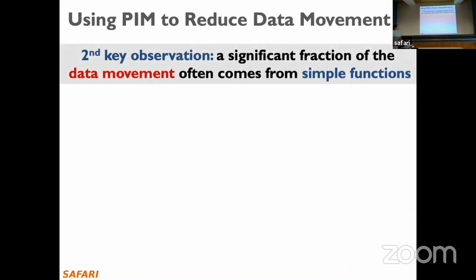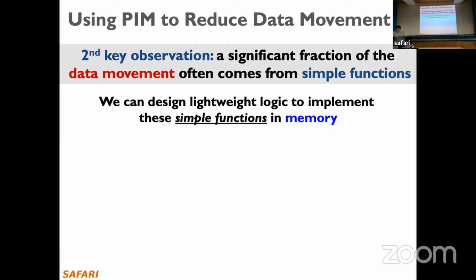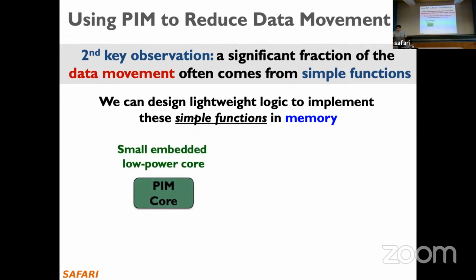Okay, so let's use PIM to reduce data movement for these particular applications. The second key observation is that data movement for these applications comes from the execution of simple functions, and one can design lightweight logic to implement these simple functions in memory.